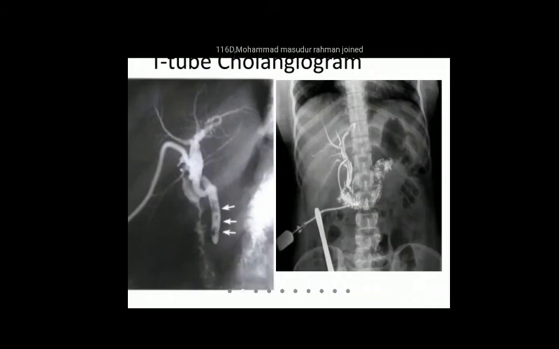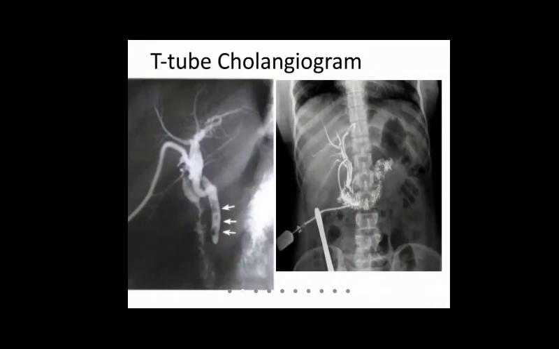As already mentioned, this is a T-tube cholangiogram, a post-operative T-tube cholangiogram. What are the findings on the left side and the right side? What have you seen on the left film and on the right film? Is there a difference between the right and left film?